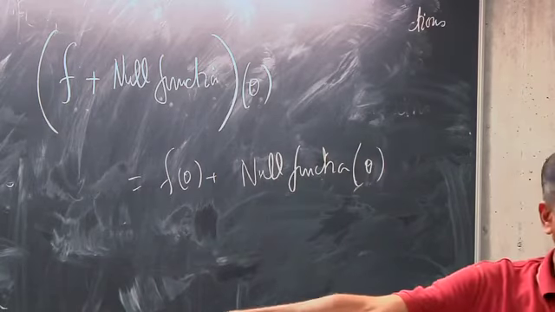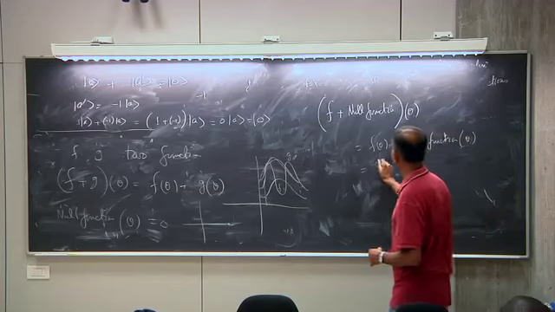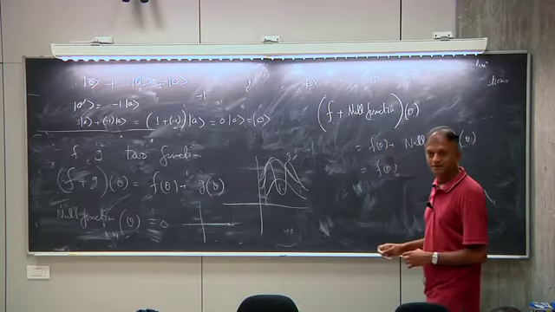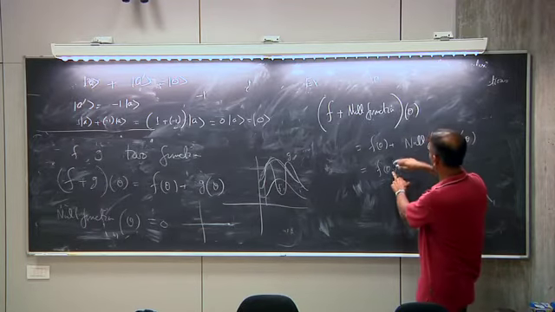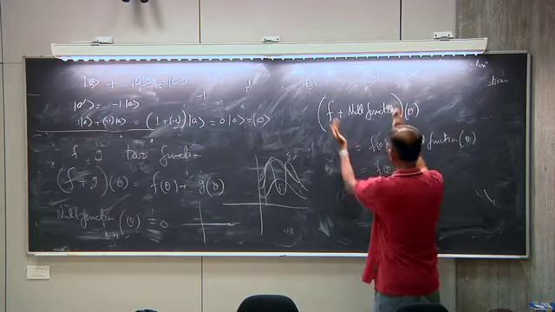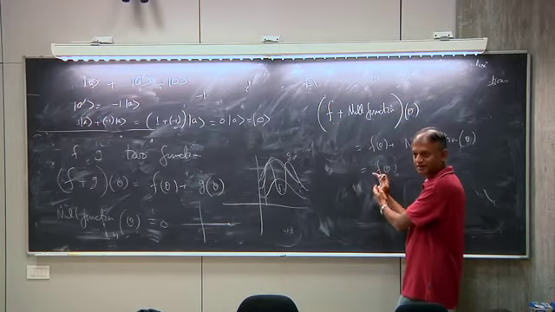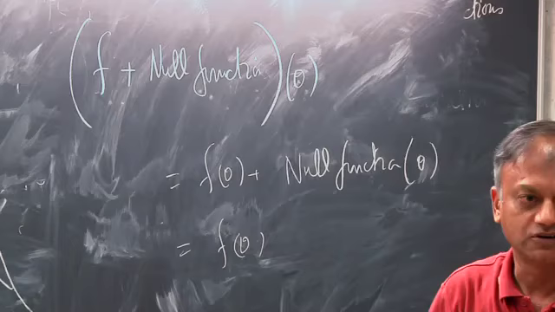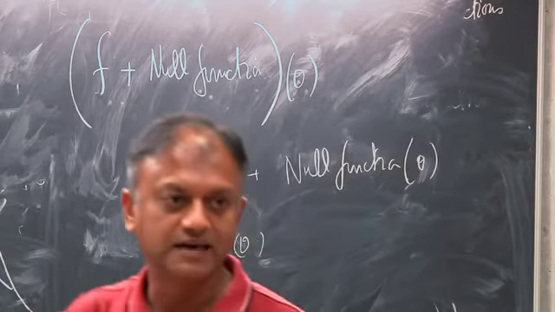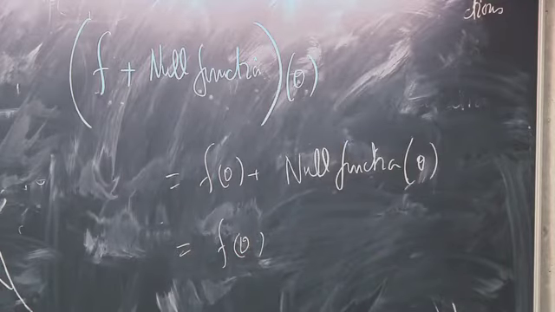But this by definition is 0, right? So this is the same as f of theta. Since this is true for all theta, that means f plus the null function is the same as f, which was the basic property of the null function, the null vector.